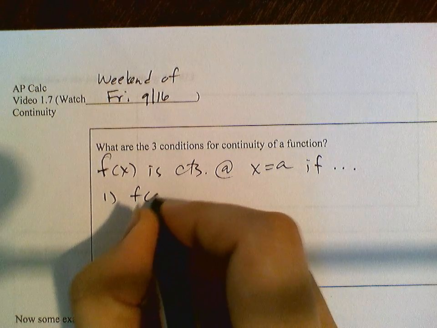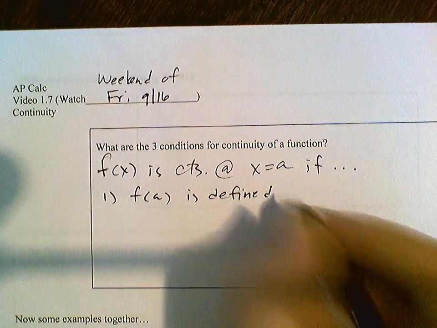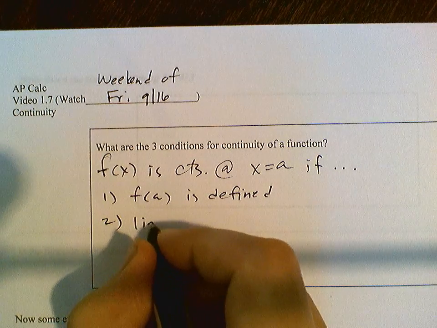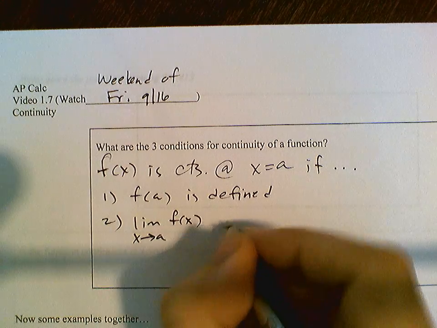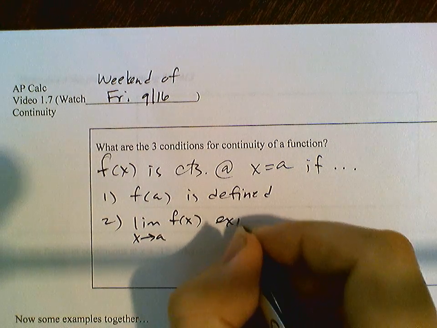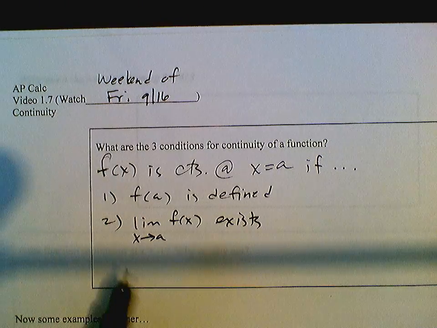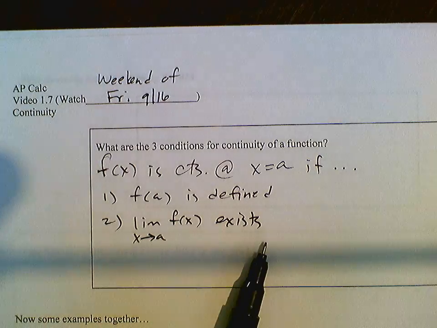First, f of a is defined. Second, the limit as x approaches a of f of x exists. Okay, so the function's defined at that x value. The limit as x approaches a of the function exists.